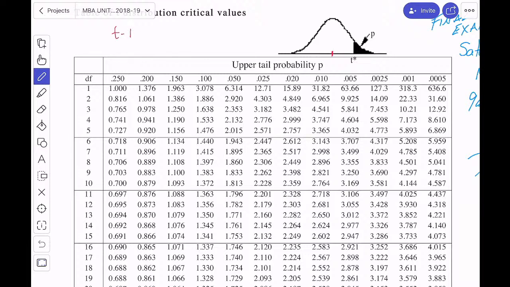T distribution, wider tails. And what does wider tails mean? It allows for more outliers.